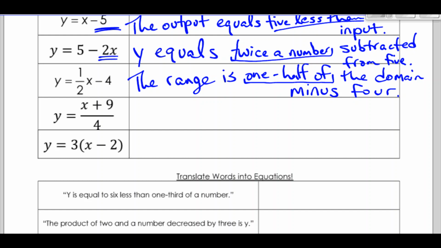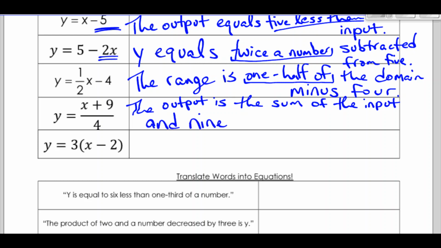On the next one, I'm going to use input and output. The output is, and this one's a little bit tricky because we have a big fraction there, saying that's actually kind of specific. So I'm going to use a mathy word here. The sum of the input and 9.